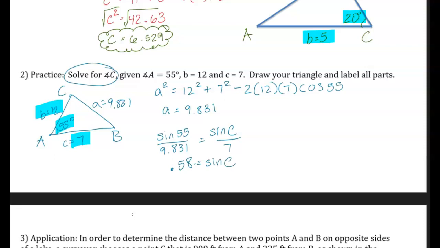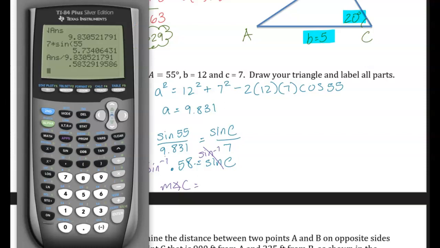How do we get C by itself? Right. You do the inverse sine. You have to inverse both sides. Well, these cancel. So the measure of angle C is going to be equal to the inverse sine of what we just found. 35.68.